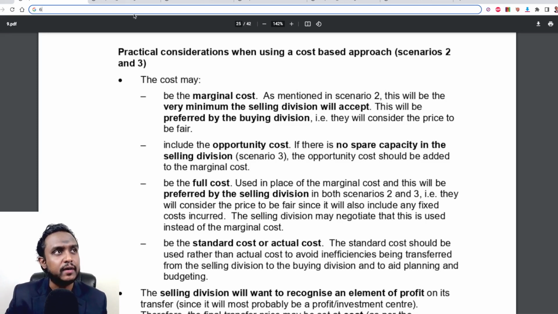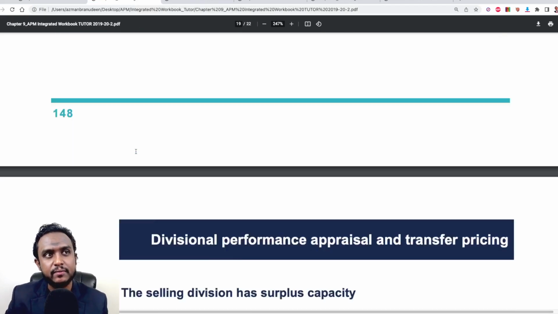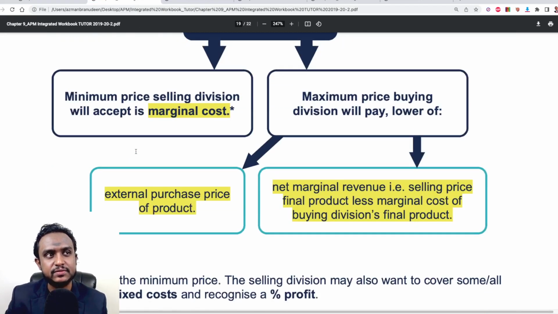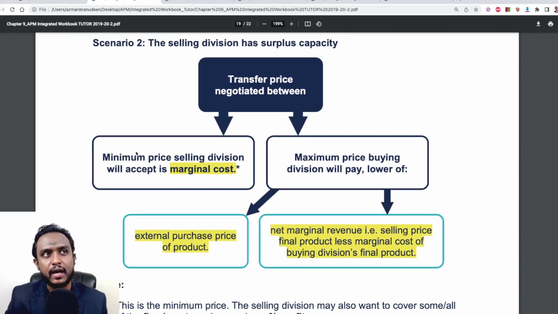Me and you, we can sit down at the table, discuss this, talk about it, and arrive at a negotiated price. Because it's an internal transfer, and you want to maintain good relationships with other divisional managers, divisional managers are able to arrive at more negotiable prices. Just because you're losing an external customer, what if that customer is in a different country?